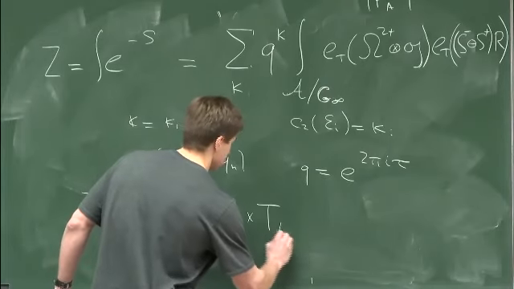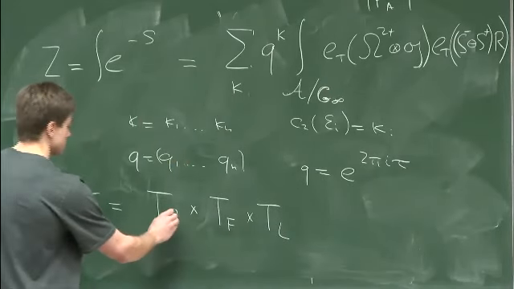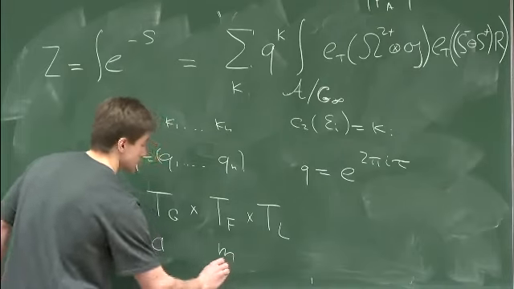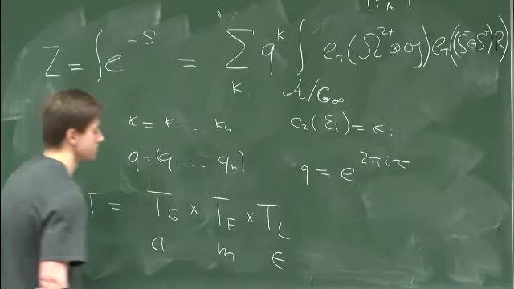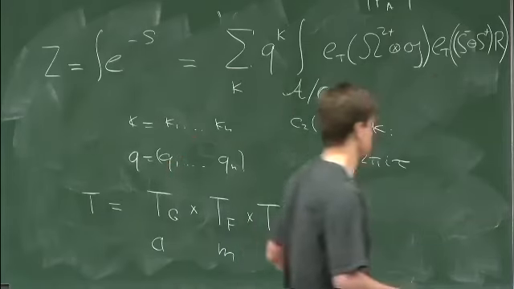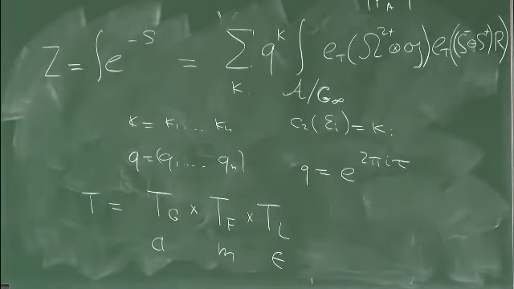So we can call it Lorentz. So the parameters of those would be a's, masses, and epsilons. All those Euler classes are computed with respect to that equivariant action.